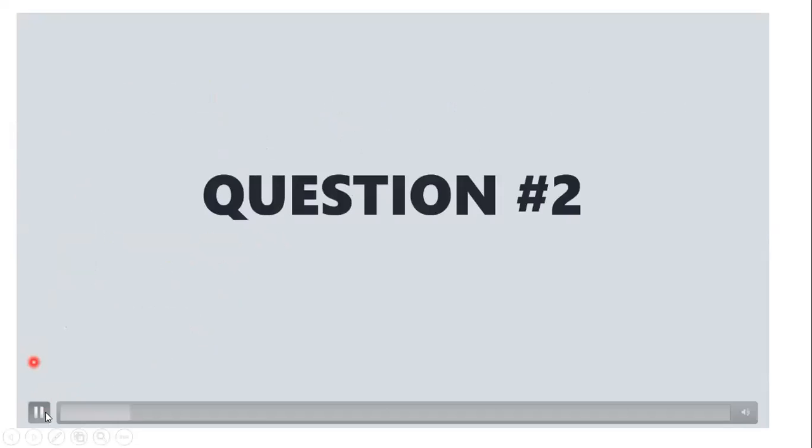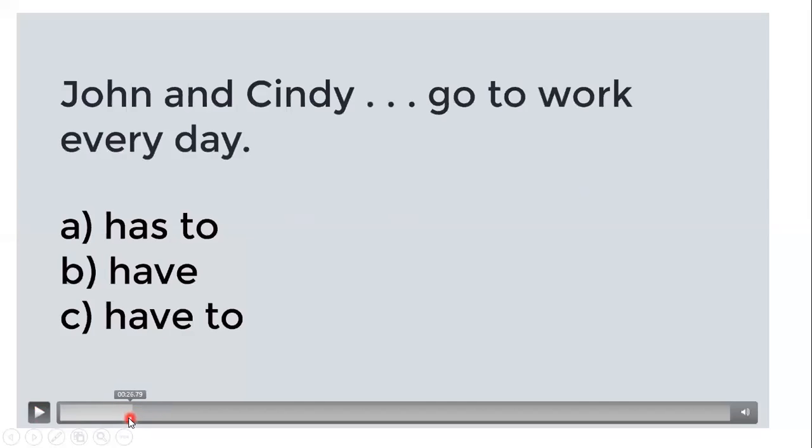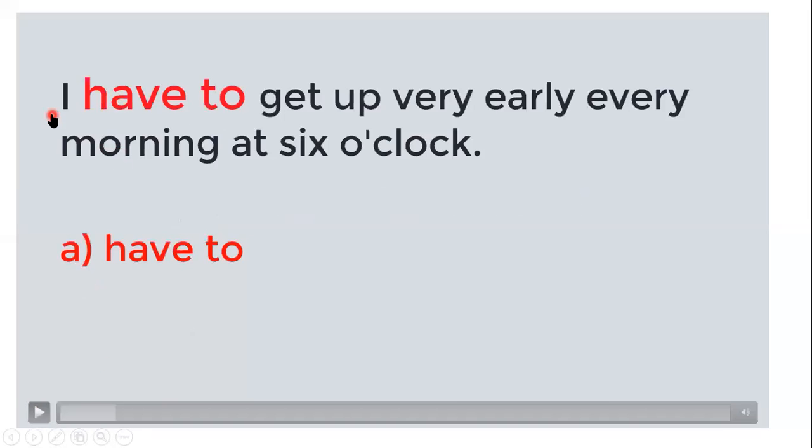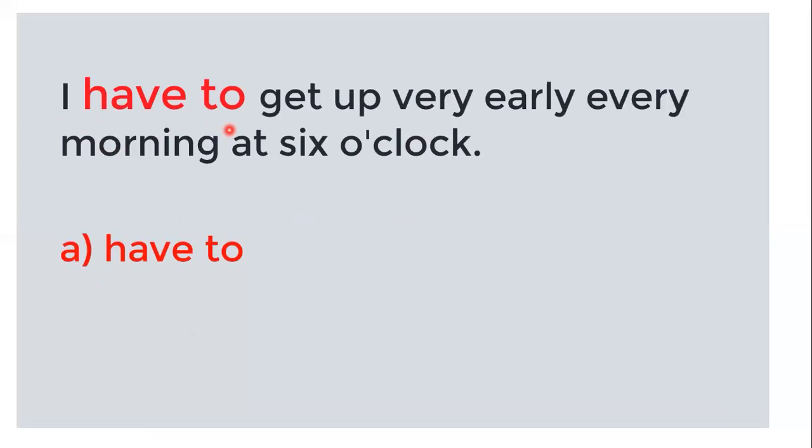Because we are talking about, let me go back a little bit. We are talking about I, okay? I have to. It's an obligation of me. I have to. No, I has to, because I am not talking about a third person.